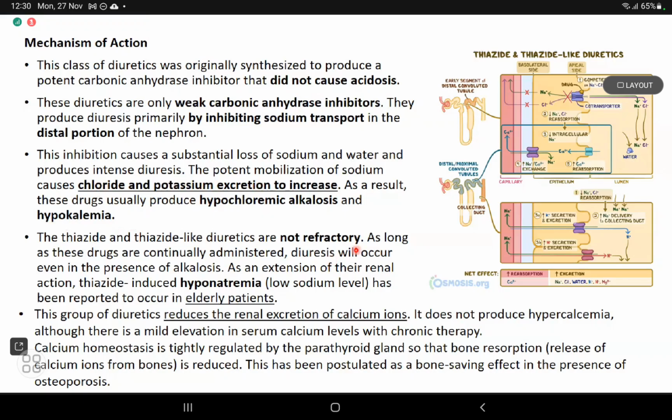Another beauty of this drug is it might not cause refractory, even though alkalosis happens. Another advantage of this drug is it may reduce the excretion of calcium in your urine. That's why sometimes we call it the bone saving effect.